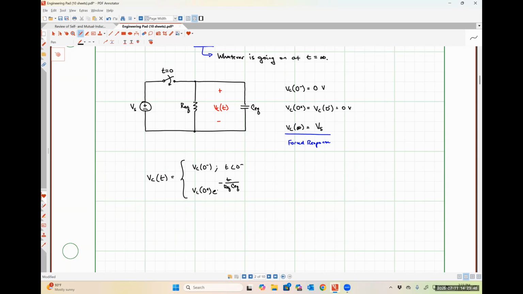So that's my natural response, plus VC at infinity, which is my forced response, for all time greater than or equal to 0 plus. Now, there is an issue with this relationship.